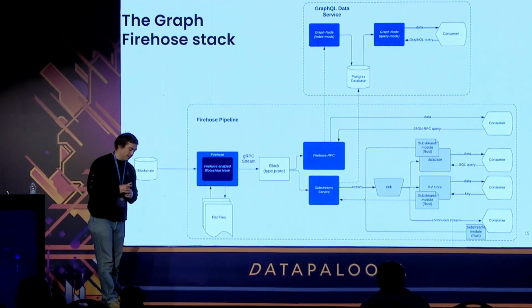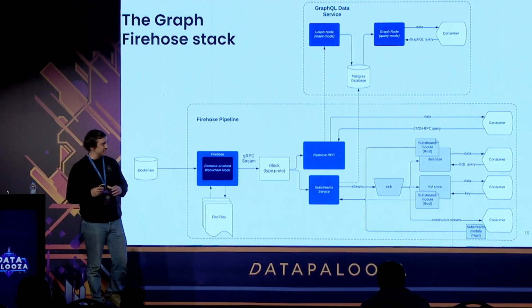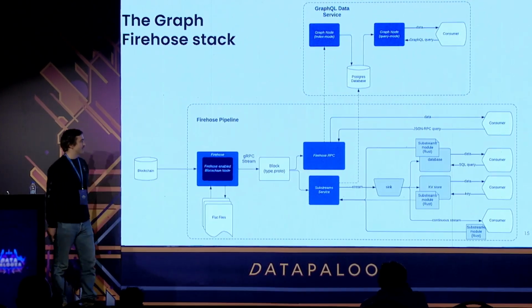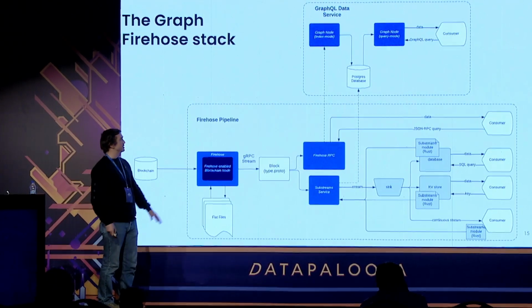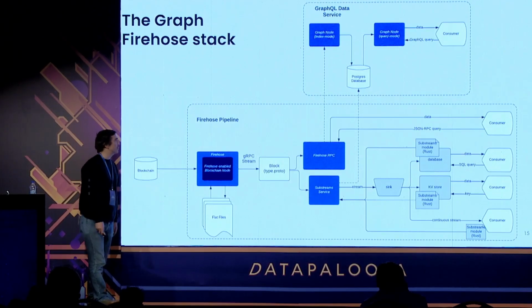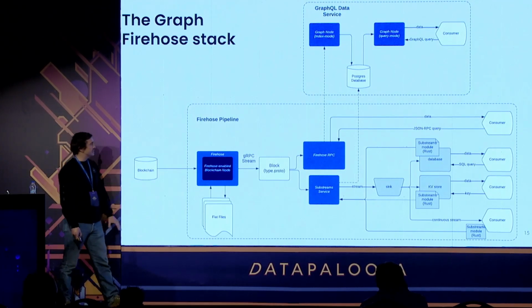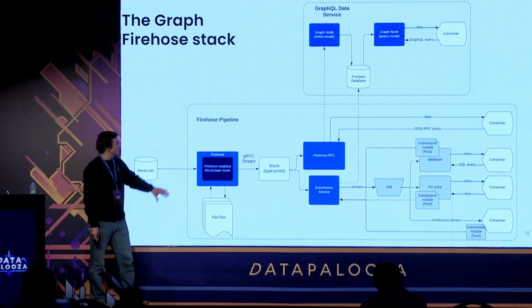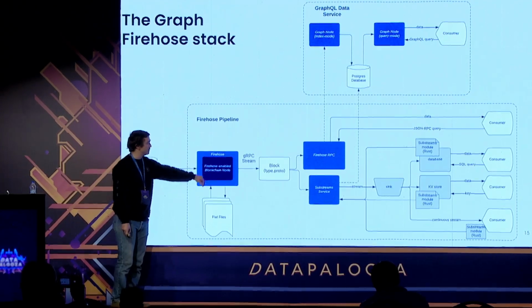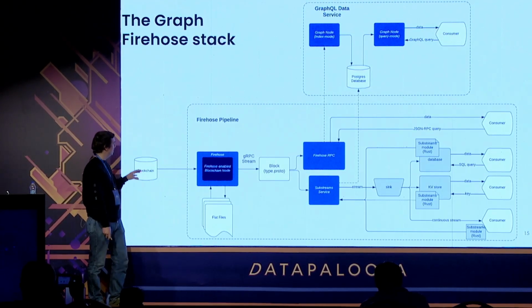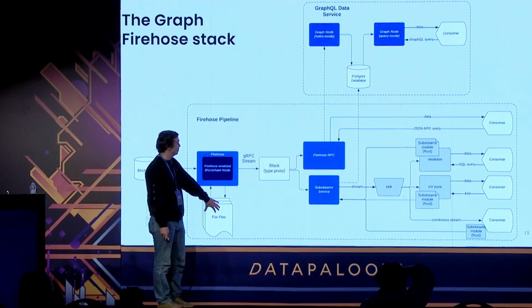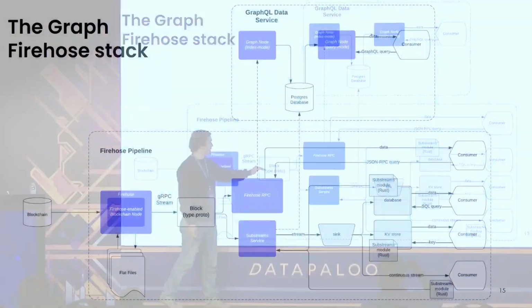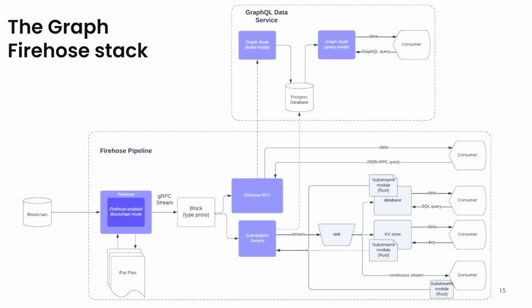All right. So we saw the V1 stack. Now this is kind of like the future stack, right? I won't say V2 because this isn't all implemented, but this is kind of like the vision going forward, building off the top of Firehose. So now sitting here in your extraction layer, you've got Firehose, you've got your Firehose-enabled full node. It is extracting data from the blockchain, storing it off as serialized protobufs, and then it's making available a stream of blocks that can be consumed by downstream services.